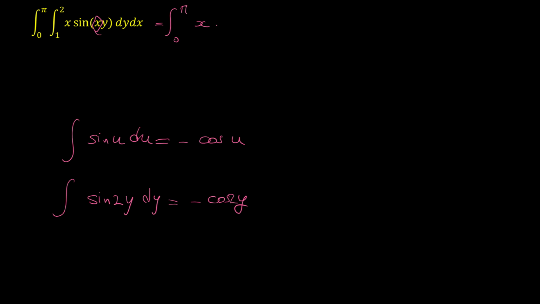If you want, you can use u substitution here, and you can suppose this as u, find du, but this is not really a complicated integral, and you don't really need to use u substitution. When you have a coefficient times y, the integral of sine of 2y, for example, is negative cosine of 2y, but don't forget you have to put 1/2, or basically the reciprocal of the derivative of 2y, 1/2 here.